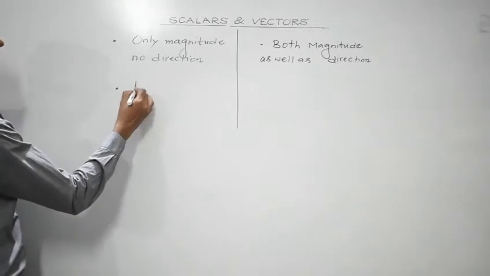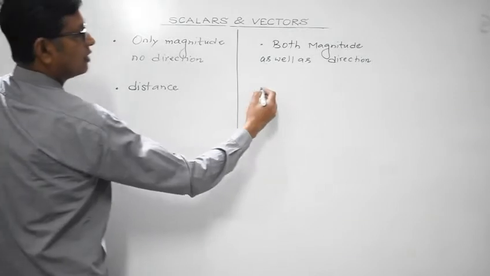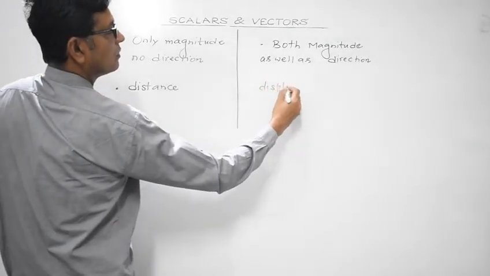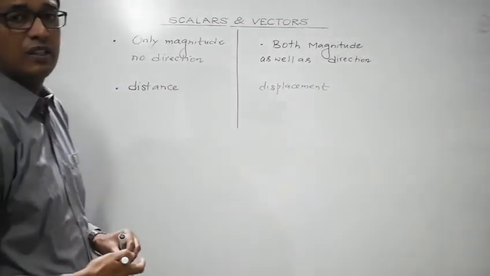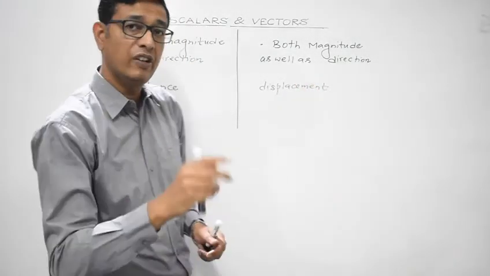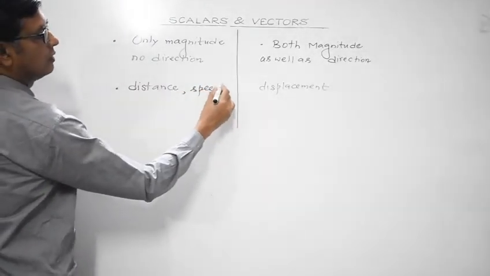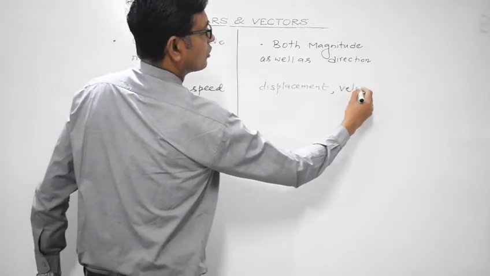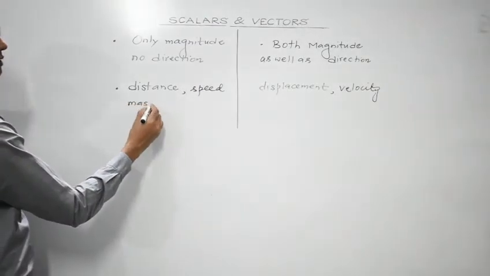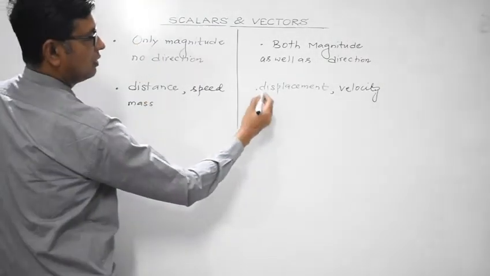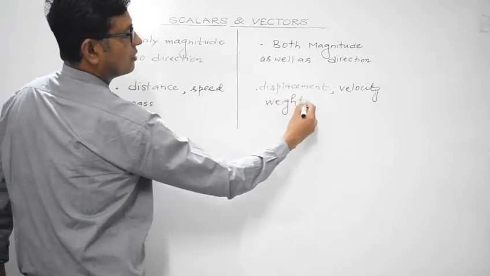So examples are, one is what we have just discussed, distance. Here it will be displacement. Distance is a scalar quantity, while displacement, having both magnitude and direction, will be a vector quantity. Then another example, speed. Over here, velocity. Then mass. It's a scalar quantity, while weight, it's a vector quantity.